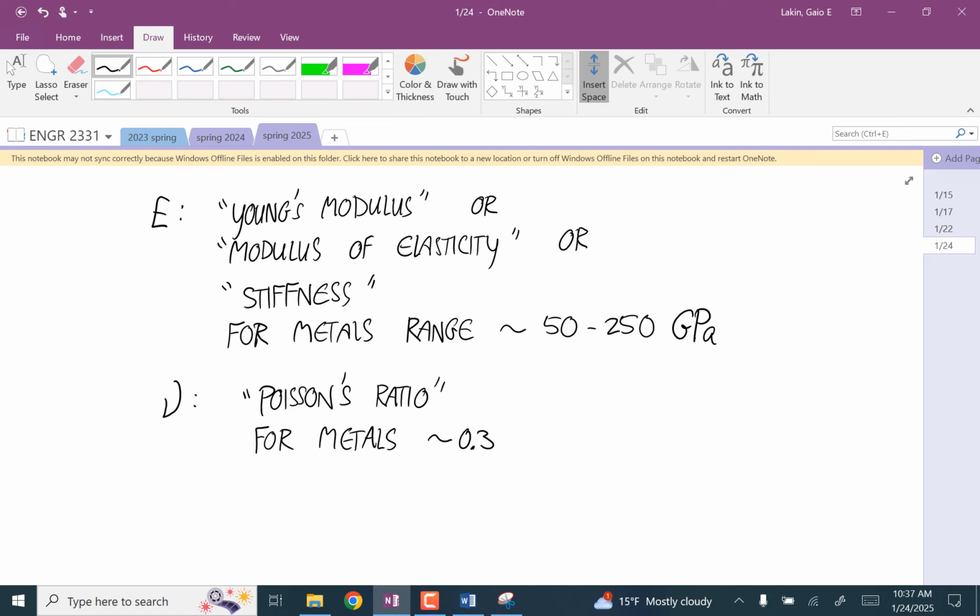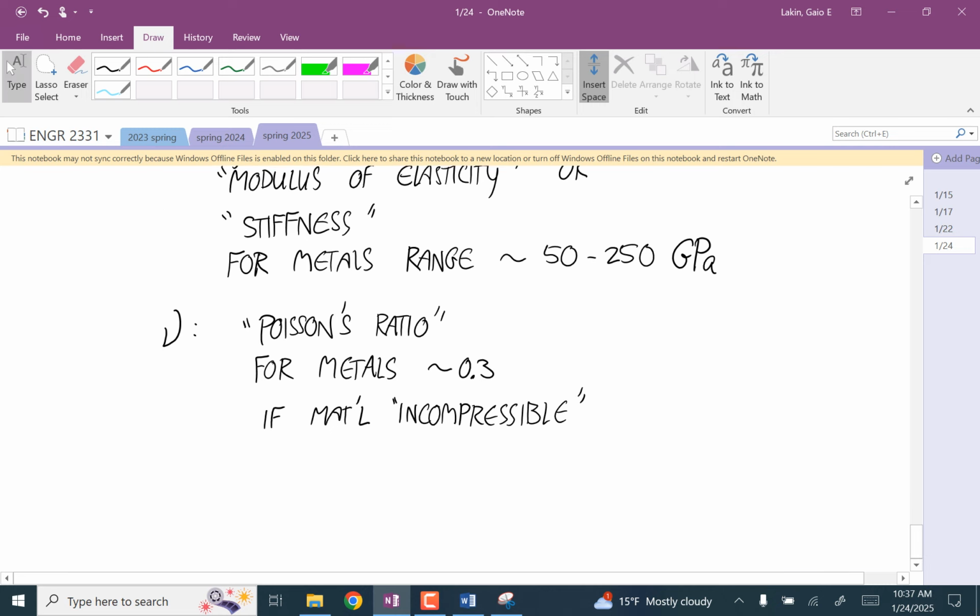If a material is incompressible, that means that the volume is constant.